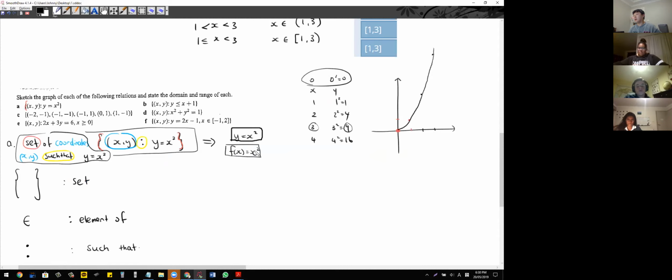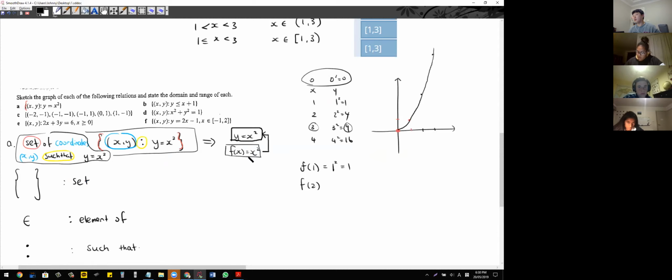F of x equals x squared is just another way of writing y equals x squared. So it's not a different thing. So what we do is we say that f of 1 is 1 squared, which is 1.